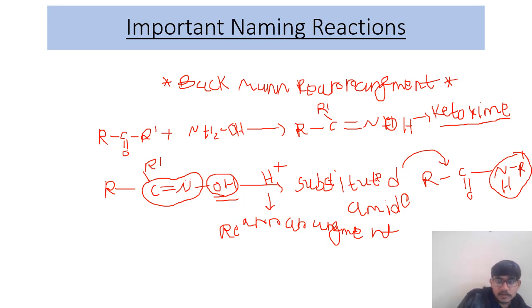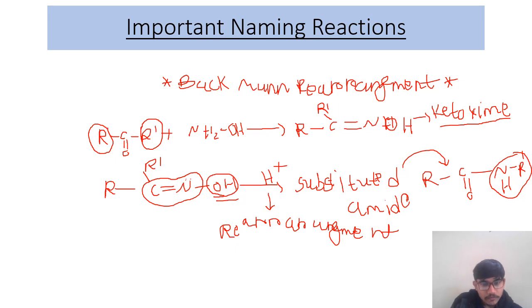In your GPAT examination they will simply give you some groups in place of this R and R dash, like any other alkyl or aromatic group, and they will ask you for the product, or they may give you similar groups R and R dash.